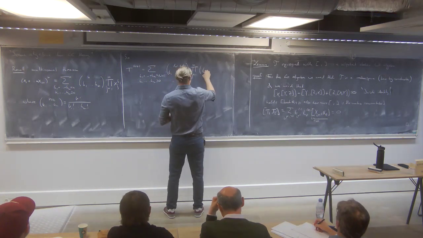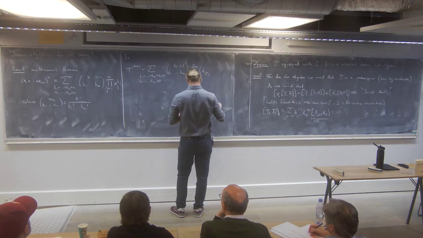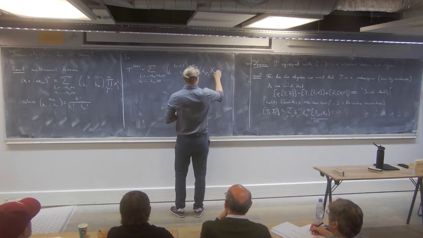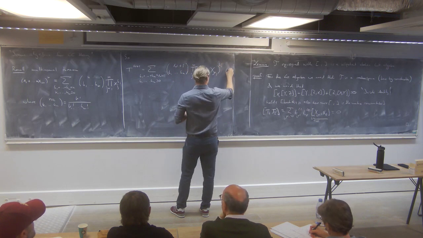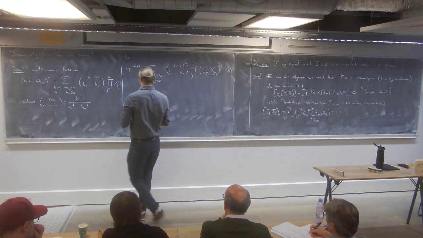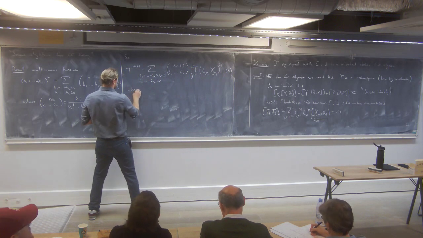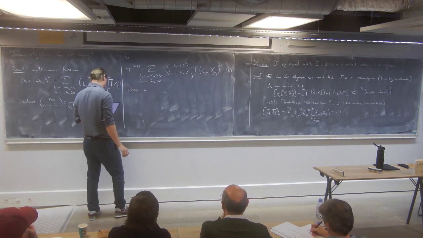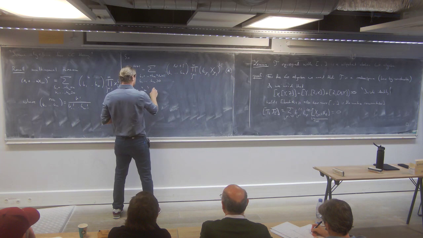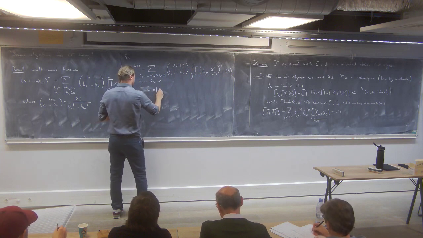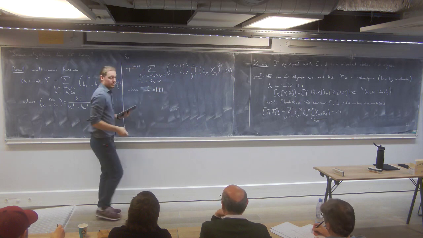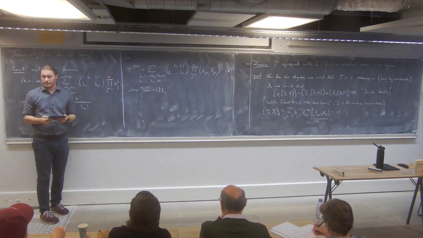The product over j of t_mu_j x_mu_j to the power k_j. So in this case, m is the cardinality of I. Okay.